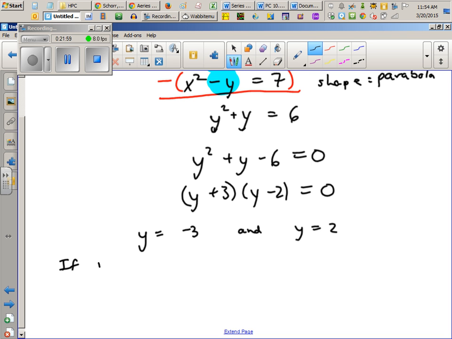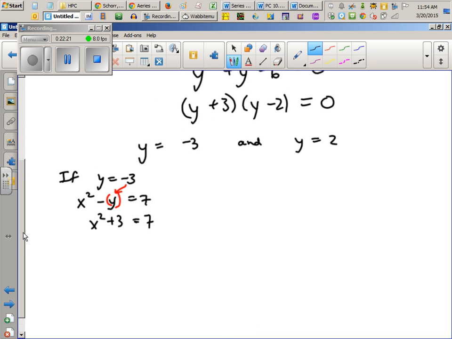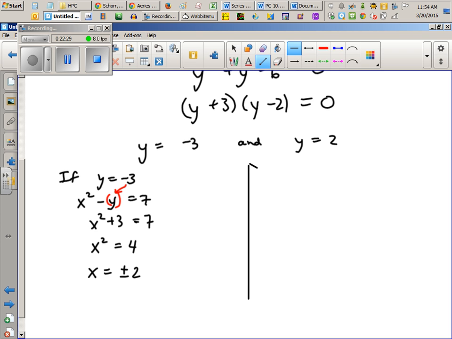If y equals negative 3, and our equation up above was x squared minus y equals 7, we could plug this in right here. So it's basically x squared plus 3 equals 7. In other words, x squared is 4. And yes, x is plus or minus 2. Interesting that we got 2 answers there. We'll come back to that in a minute.